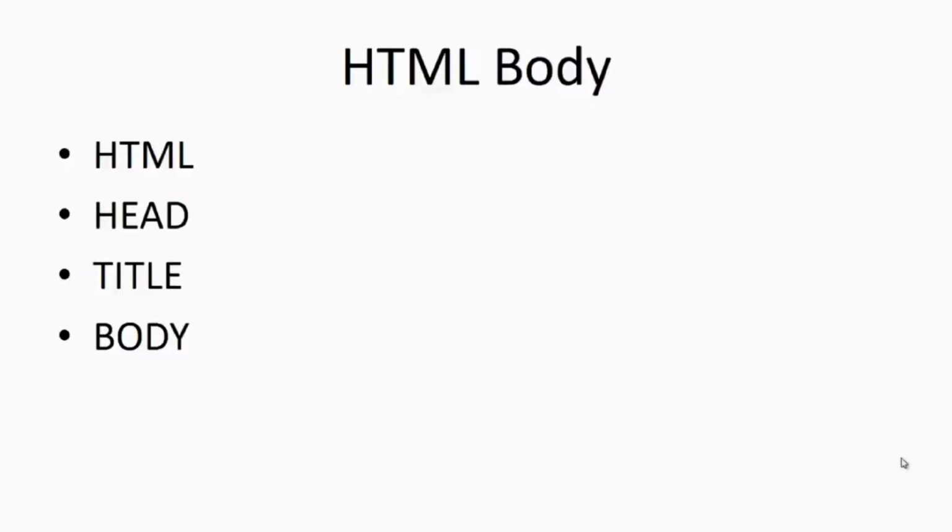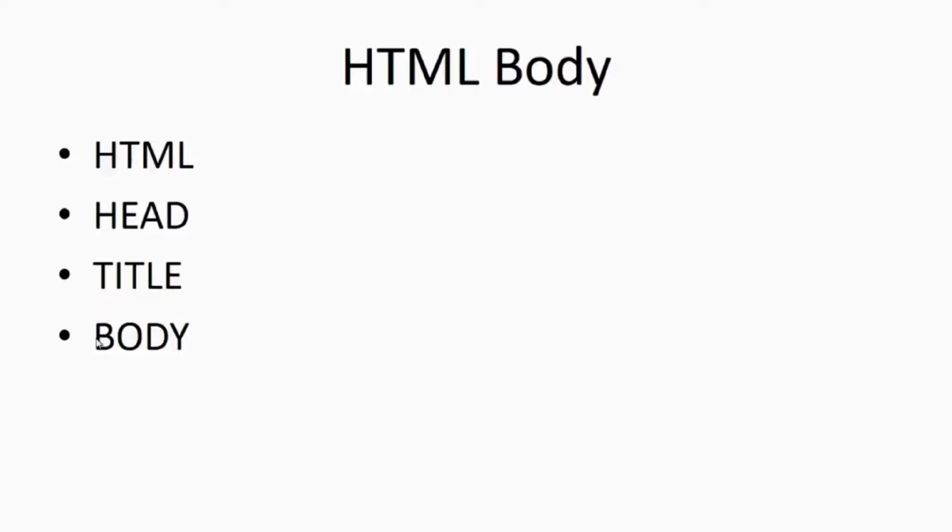Now, before I move on to video number 2, we are going to talk about the basic structure of an HTML body. Whenever you create a new HTML page, at the top you're going to have an HTML tag, and think about it as wrapping around everything. Then you have the head, which is right underneath the HTML.